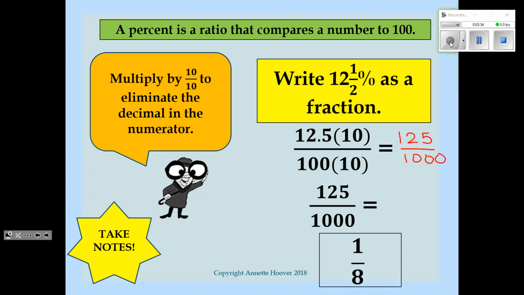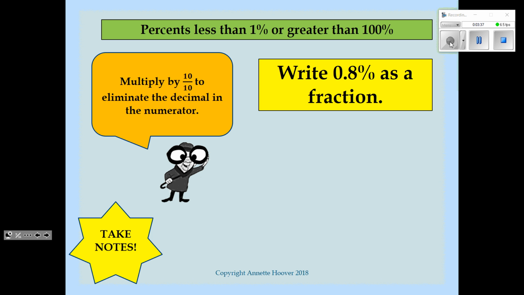Okay, so let's practice that again. Here we have 0.8% as a fraction. So we can just write that, 0.8. We can always write the percent over 100. It always gets written over 100. But now the first rule is that we can't have a decimal in the numerator. So if we move this over one place, that's the same thing as multiplying times 10.